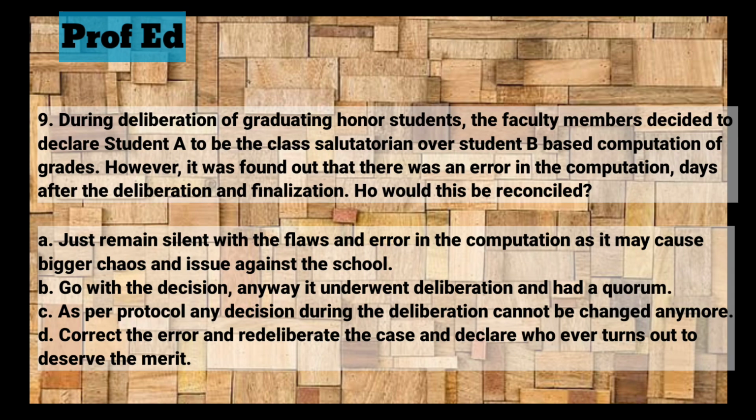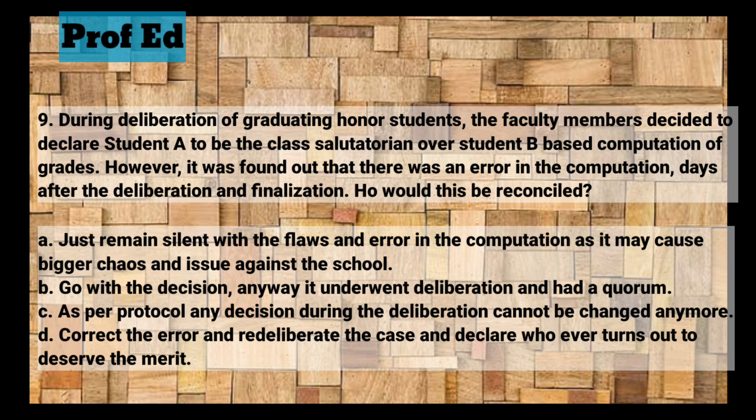Number 9. During deliberation of graduating honor students, the faculty members decided to declare student A the class salutatorian over student B based on computation of grades. However, it was found out that there was an error in the computation days after the deliberation and finalization. How would this be reconciled?